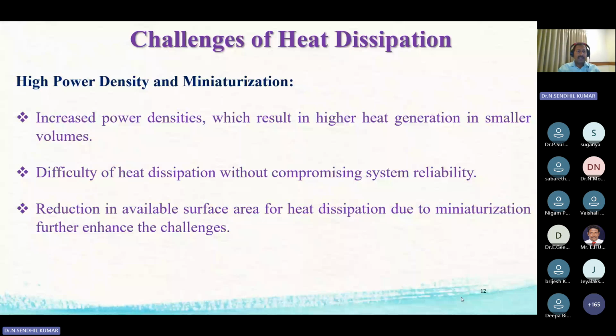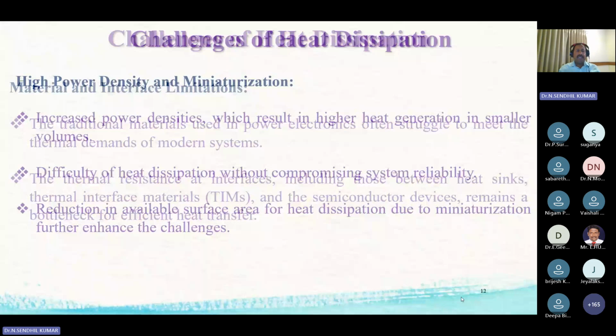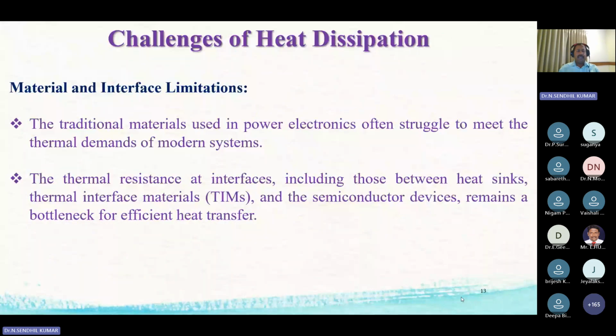The second thing is material and interface limitations. Normally, with traditional materials, I hope you know what thermal conductivity is. When you transfer heat, thermal conductivity plays a major role.